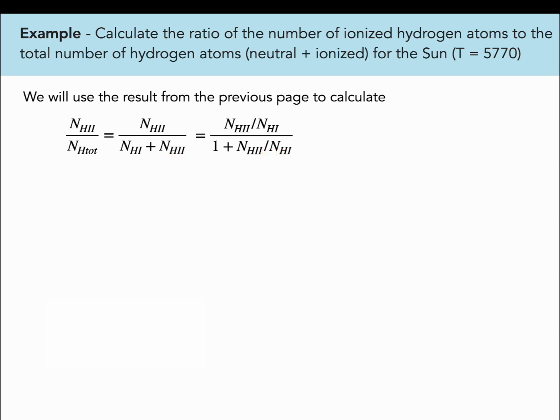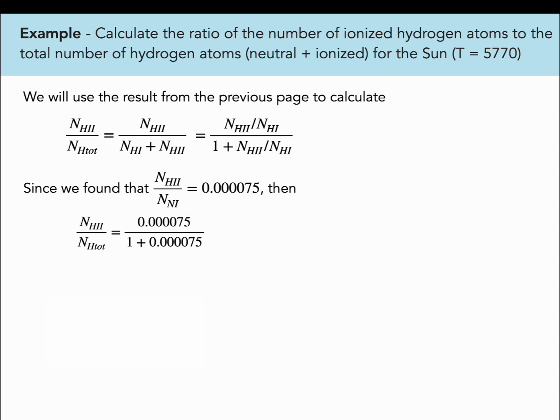The reason that we do that is that NH2 over NH1 is what we just calculated from the Saha equation. So you can substitute the result of the Saha equation in for this and for that. And we found that it was, again, 0.000075.